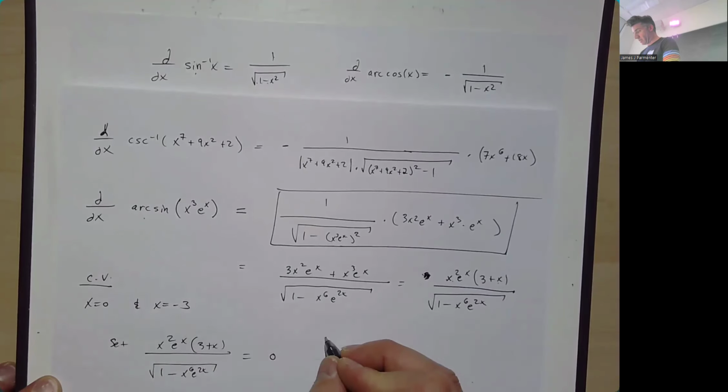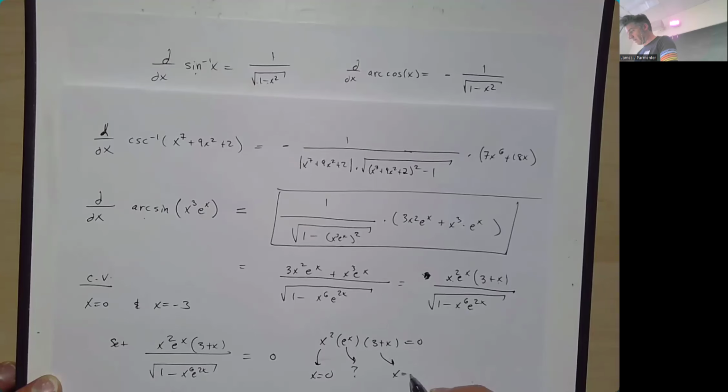So x squared times e to the x times 3 plus x equals 0. That's going to give me x equal to 0, nothing here, and x equal to -3. Those are the values that make the numerator 0.